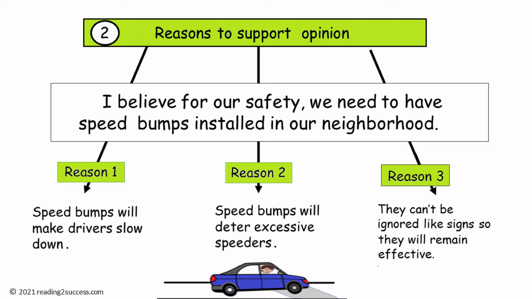Speed bumps will make drivers slow down. Reason 2, speed bumps will deter excessive speeders. And reason 3, they, meaning speed bumps, can't be ignored like signs, so they will remain effective.